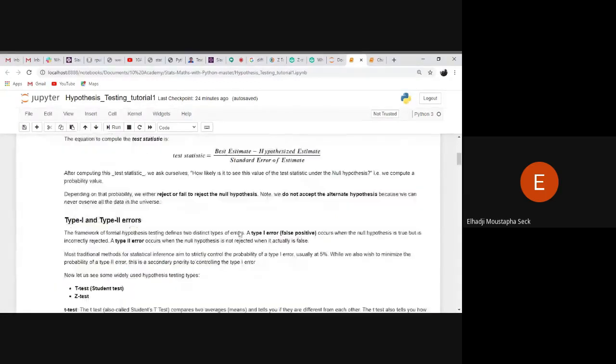You should note that in hypothesis testing, we have two types of errors: type 1 error and type 2 error. Type 1 error occurs when the null hypothesis is true but is incorrectly rejected. It happens, right? Maybe you reject the null hypothesis but it was true.